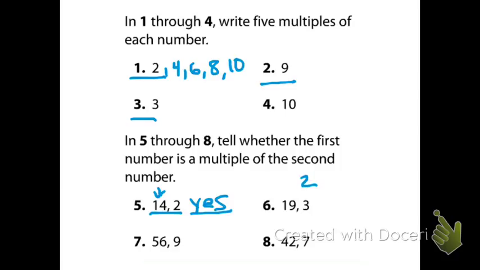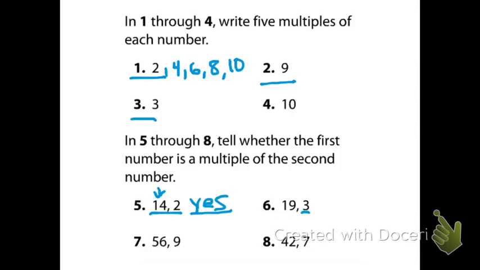If I count up by 2: 2, 4, 6, 8, 10, 12, 14. That works. Another way to do it would be to think, 2 times something equals 14. Is that possible? If it is, then my answer is yes.